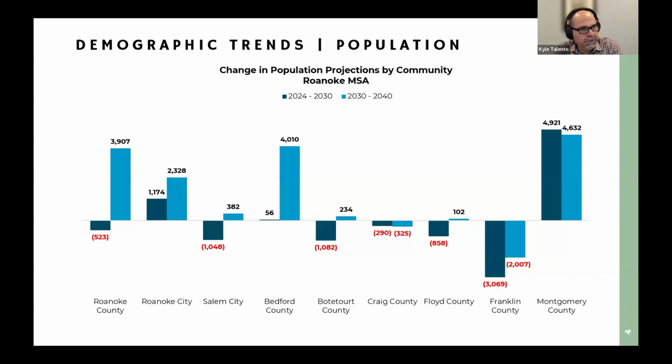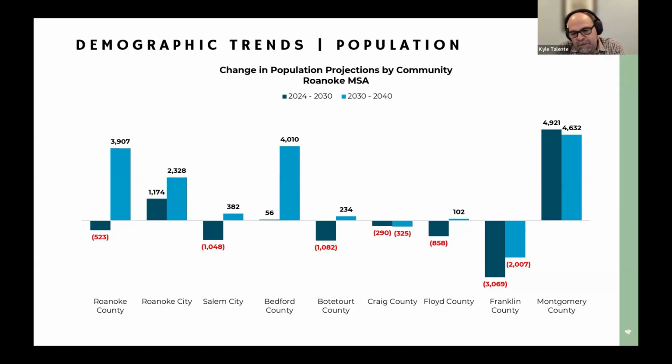And so you're seeing a lot of people move to those areas. Those are also areas where you tend to have a different mix of housing, where there's a lot more opportunities for smaller units, particularly like in Roanoke City. But you can see that population gain, particularly for Roanoke County, even though we are projected to have a small decline over the next couple of years, that's projected to reverse.